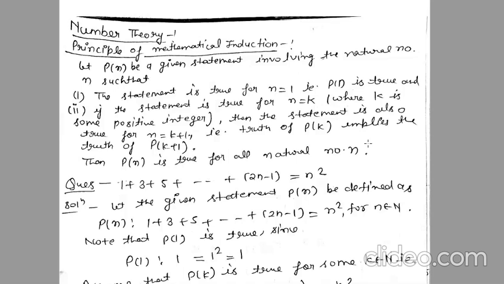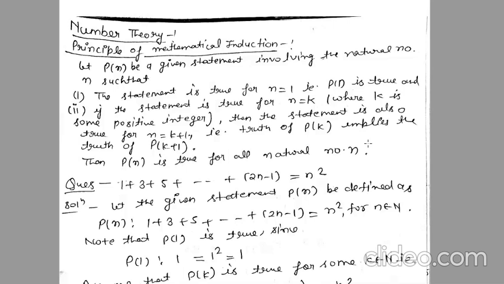If P(1) is true, then the second statement: if this statement is true for n is equal to k, where k is some positive integer, then this statement is also true for n is equal to k plus 1. That means if it is true for n is equal to k, then we will check for n is equal to k plus 1.